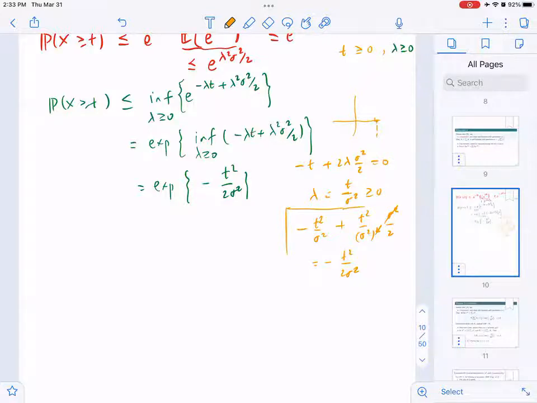So we actually can do this. If it turns out that this lambda is negative, then I'm at the boundary, so I have to go with the boundary, and this will come up later. But fortunately, in this case, if t were negative, then I couldn't do this. So this bound is only valid for t bigger than or equal to 0.